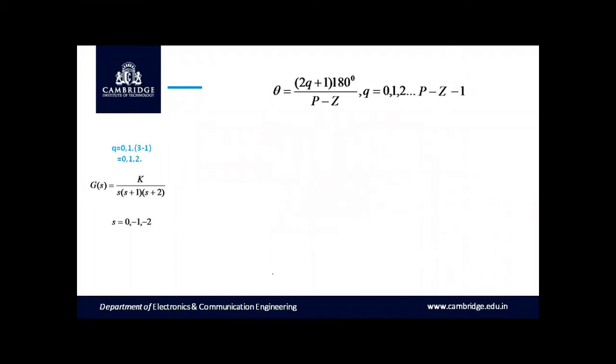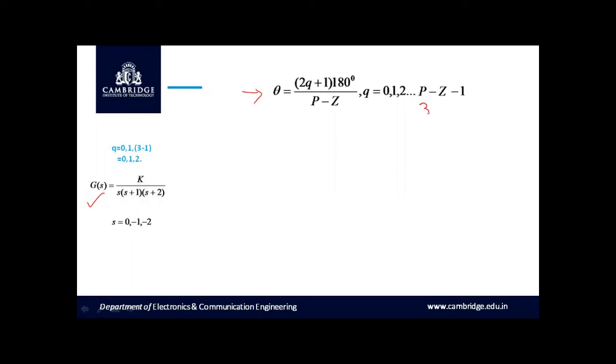Let us take this example in which G of s is given by K divided by s into s plus 1 into s plus 2. Hence, we have three poles at s is equal to 0, s is equal to -1 and s is equal to -2. We know that the angle of asymptote theta is given by (2q plus 1) into 180 degree divided by p minus z, where q ranges from 0, 1 extended up to p minus z minus 1.